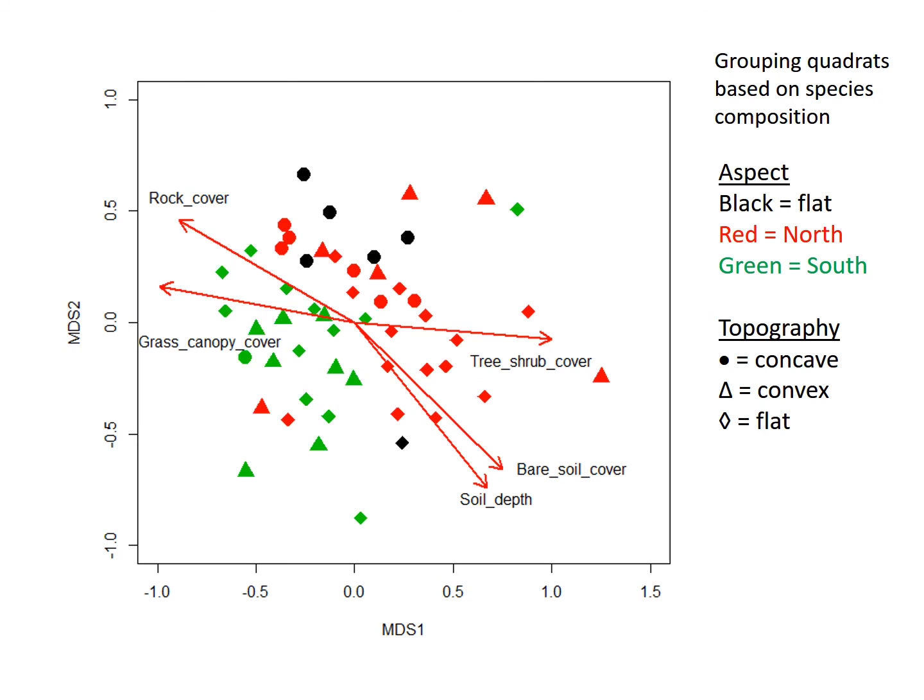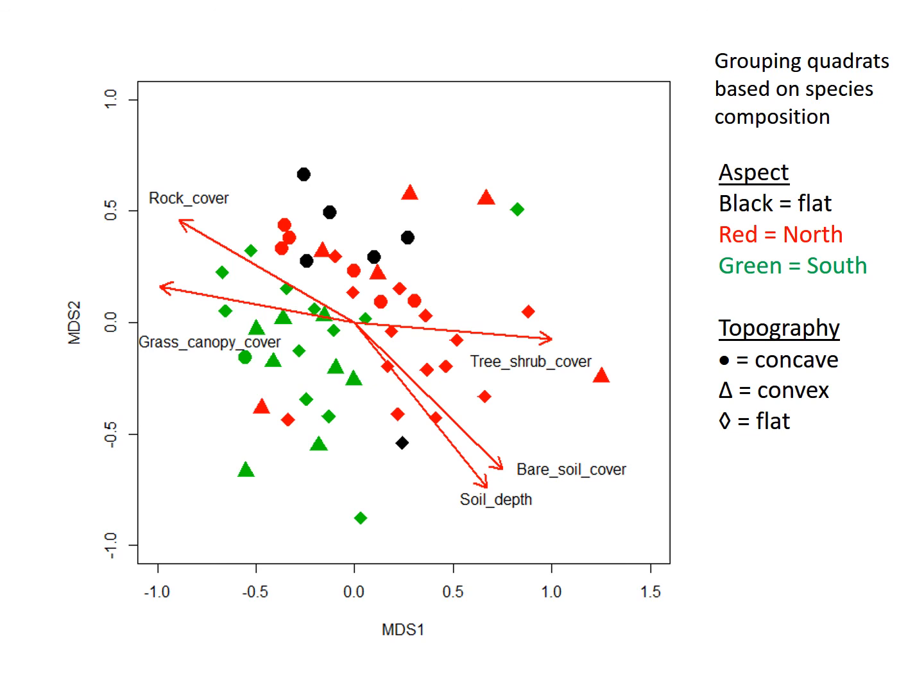Now, we can also add environmental data here. What we see, for example, is that the grass canopy cover arrow points in the direction of most of the green symbols, suggesting that there's a positive relationship between grass canopy cover and the southern aspect, or to put that in more ecological terms, that grass canopy cover tends to be higher on the south slope.